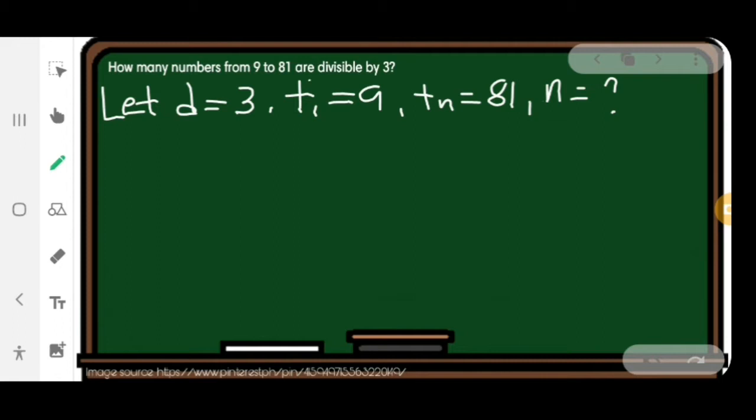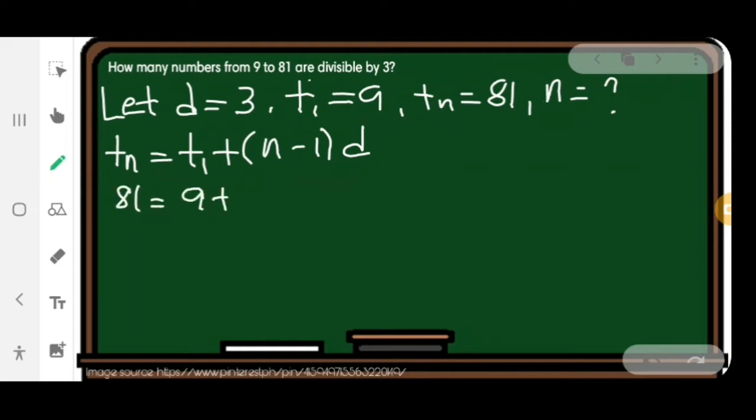Now let us solve the given problem. Using the nth term for an arithmetic sequence, we can solve for the value of n. So t sub n is equal to t sub 1 plus n minus 1 times d. Substitute the given values. We have 81 equals 9 plus n minus 1 times 3.